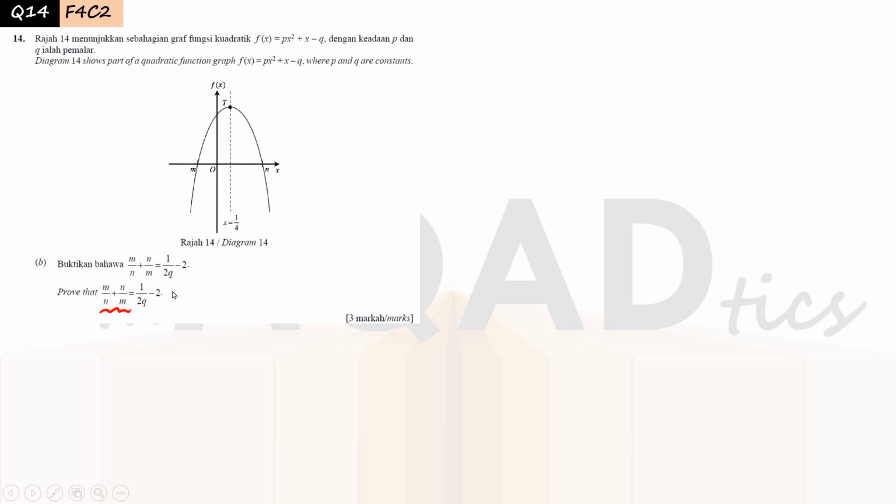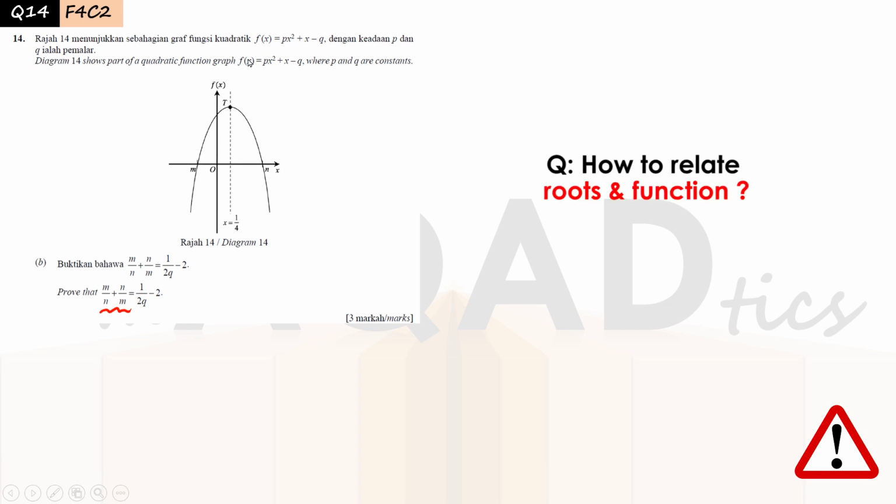Now if we look at the unknowns in this equation, we have m and n, which are the roots of this curve, and we have q. q is the value from the function. So the question is, how do we relate the roots and the numbers of this function?